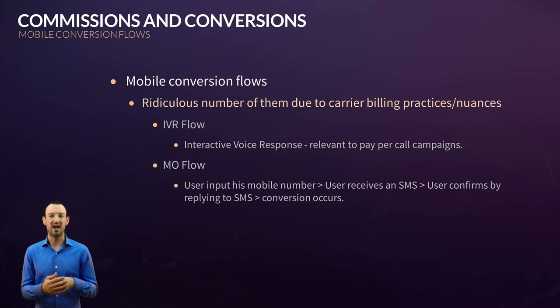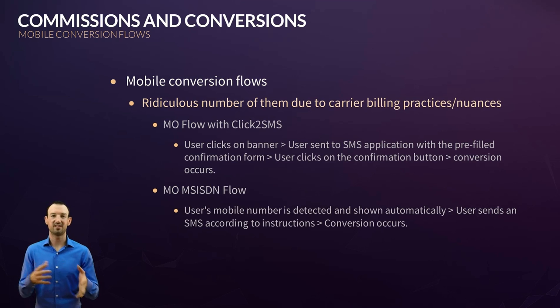So you have IVR flow, which is apparently interactive voice response, which is relevant to pay-per-call campaigns. You have MO flow, which is where the user puts in his number, receives a text or SMS, and confirms by replying to it. You have MO flow with click to SMS, where a user clicks on a banner, they're sent to some sort of application where they submit something, click a confirmation button, something converts.